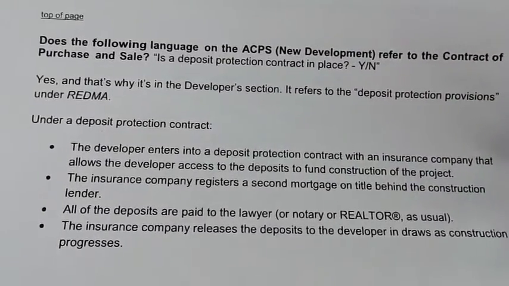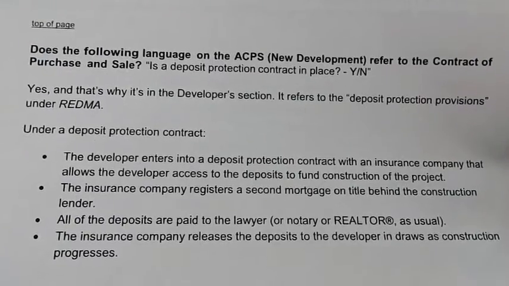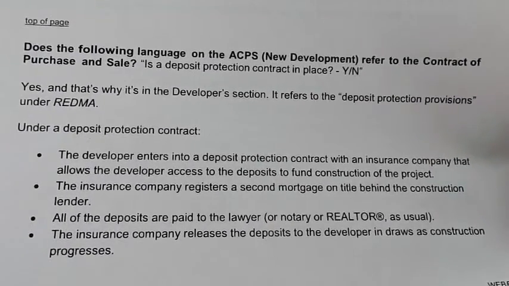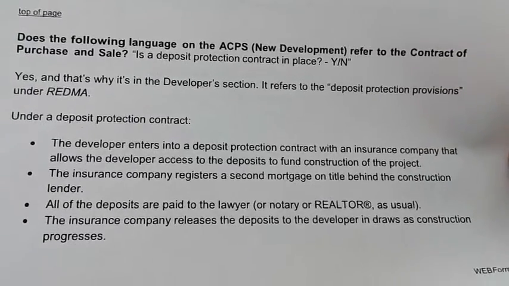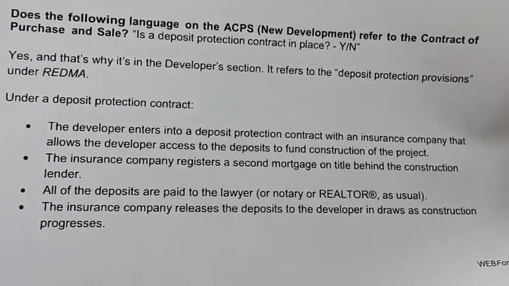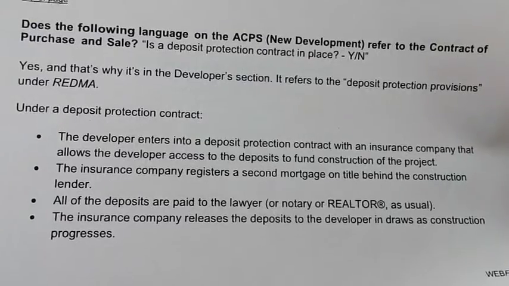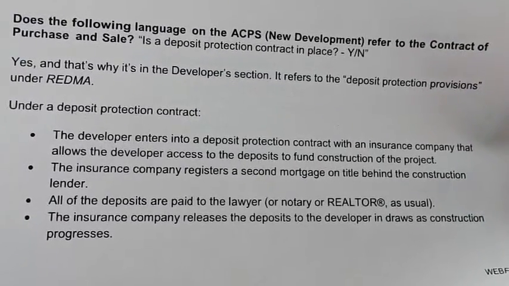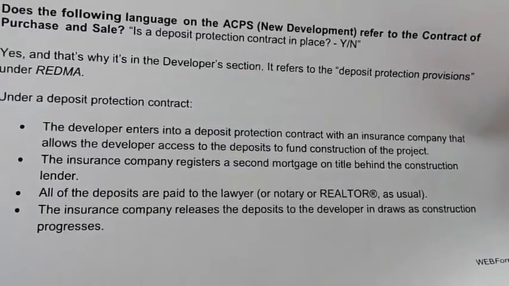Does the following language on the ACPS new development refer to the contract of purchase and sale? Is a deposit protection contract in place? Yes or no? Yes, and that's why it's in the developer section. It refers to the deposit protection provisions under REDMA.